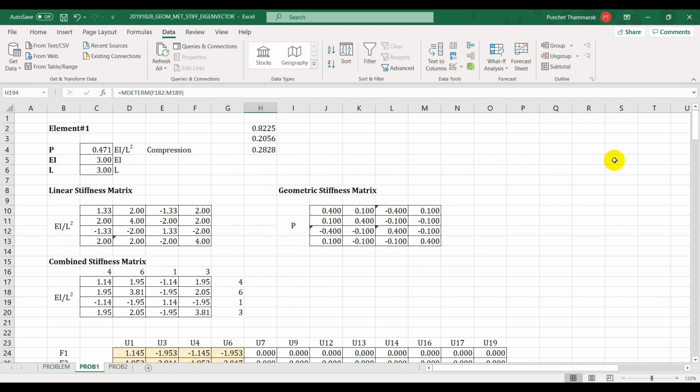0.471. Okay, 0.471 is compared with which one here? This one is the lowest for the left column, a cantilever column, buckling load for cantilever column.